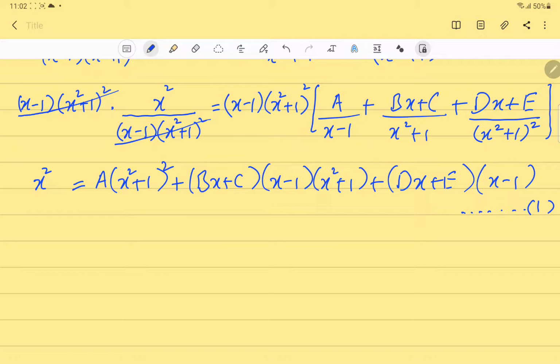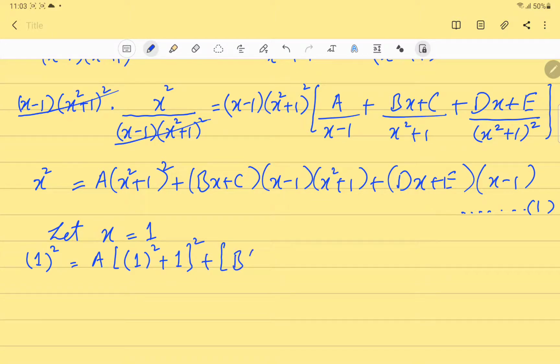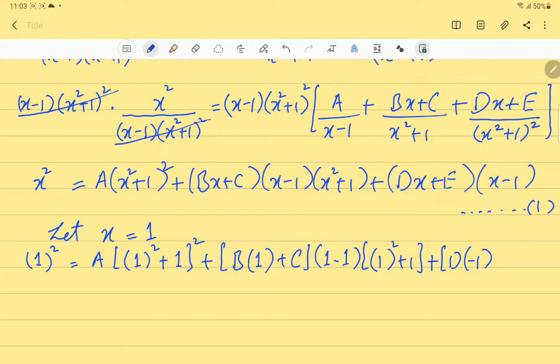Here we will assume the value of x as 1. So when we substitute this value of x in the equation, we get 1 squared is equal to a into 1 squared plus 1 whole squared plus b into 1 plus c into 1 minus 1 into 1 squared plus 1 plus d into 1 plus e into 1 minus 1.